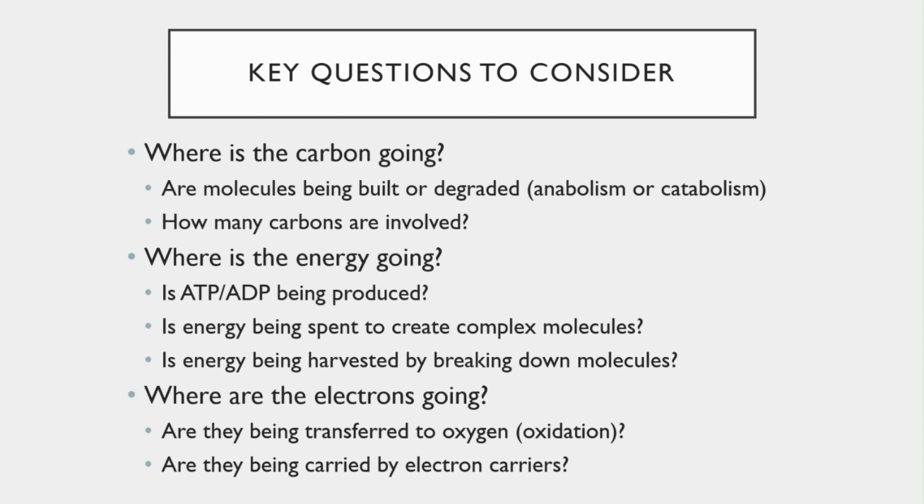Additionally, we can examine where the electrons are going, such as whether they are being transferred to oxygen through oxidation or carried by electron carriers. By considering these questions, we can gain a better understanding of the metabolic processes at play.